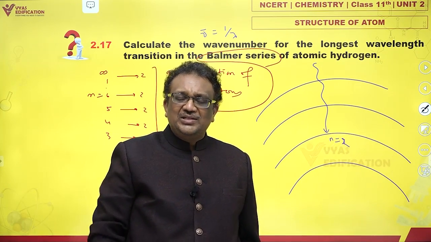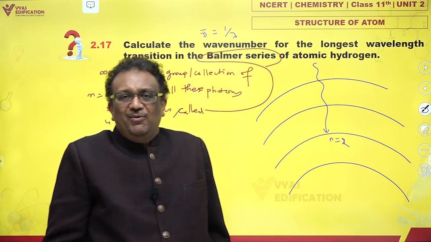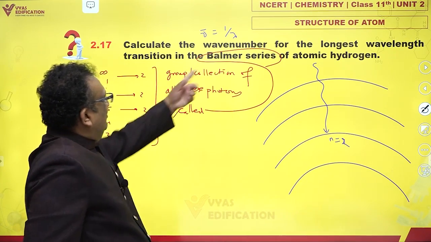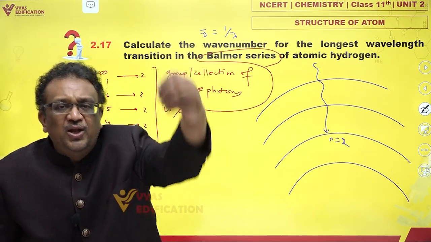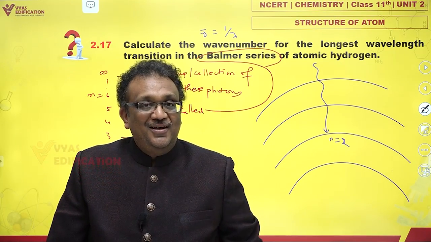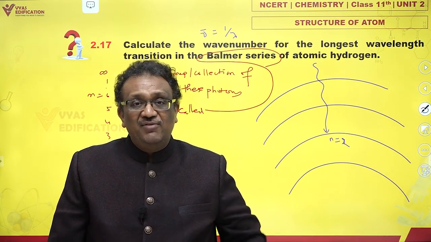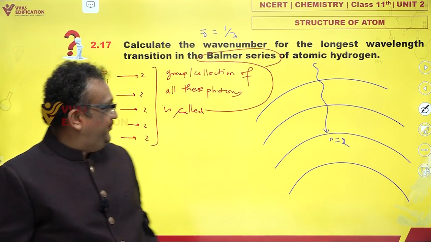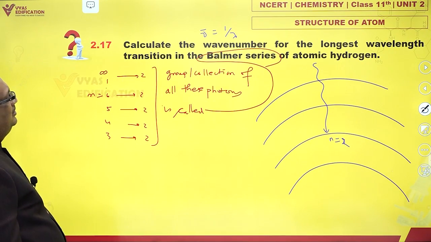It's just a name associated with it. The moment you say Balmer series, it means finally you are falling in n is equal to 2. That much you must have learnt by heart.